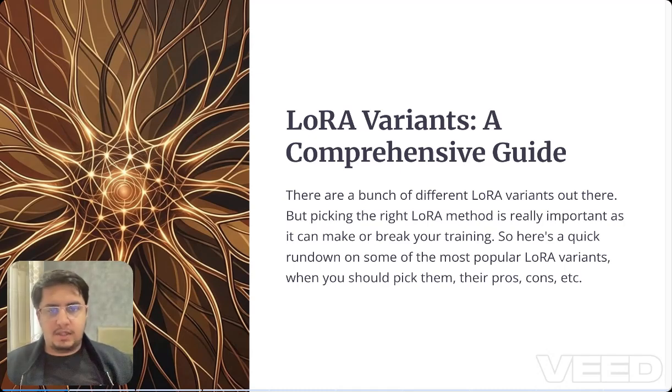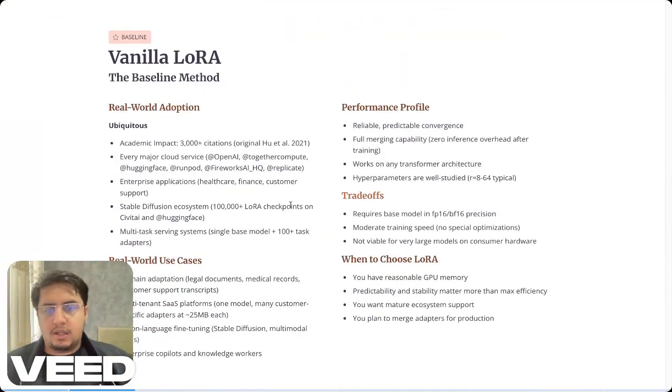Let's start with vanilla LoRA, the very baseline method that we have out there. Now, vanilla LoRA is very famous, and it is very ubiquitous. It has over 3,000 citations. It's practically present across almost every major cloud service out there.